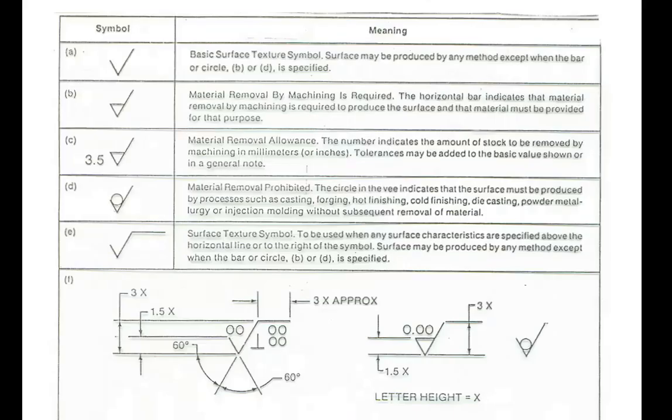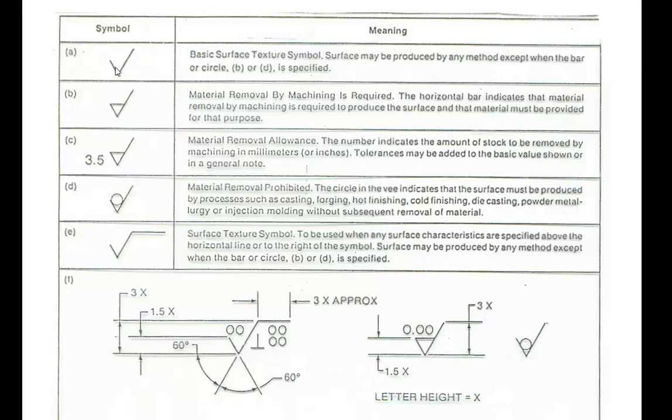Well, in this table, yes, we have the surface finishing symbol. In the old version of the standard, this place is used to show the roughness side. Along the shoulder, below the shoulder, write the roughness cutoff value.